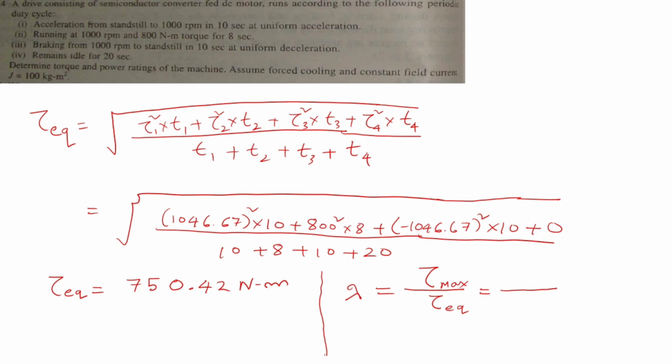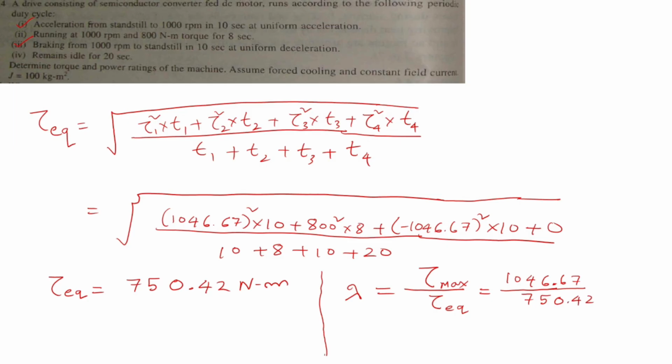Now tau max, you can see from these intervals that in the first and the third interval the torque is 1046.67, which is the maximum torque. Therefore tau max will be 1046.67, and tau equivalent we found to be 750.42.